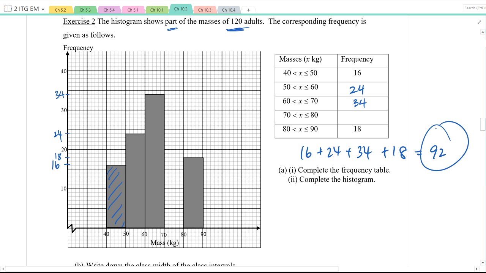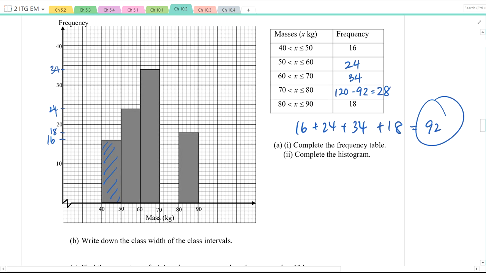That means the frequency for adults having a mass between 70 to 80 is actually 120 minus 92, which is 28. So there's a blank over there that we should include. So that would be over here, 28.